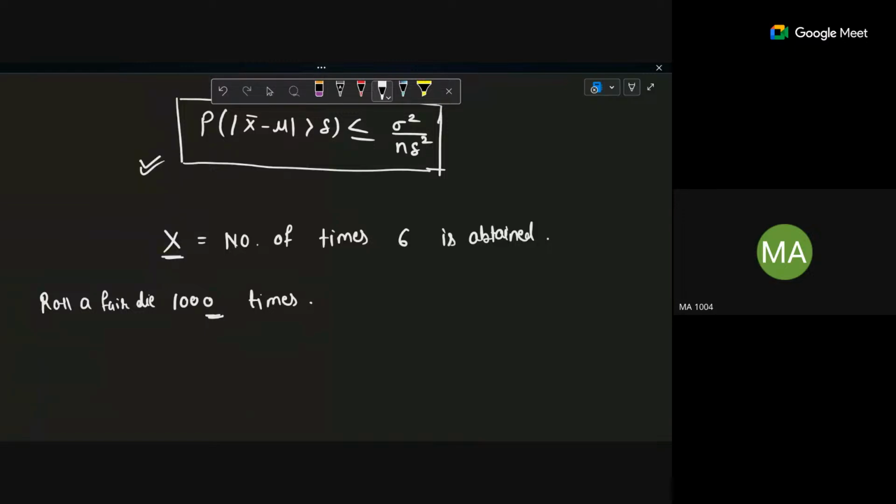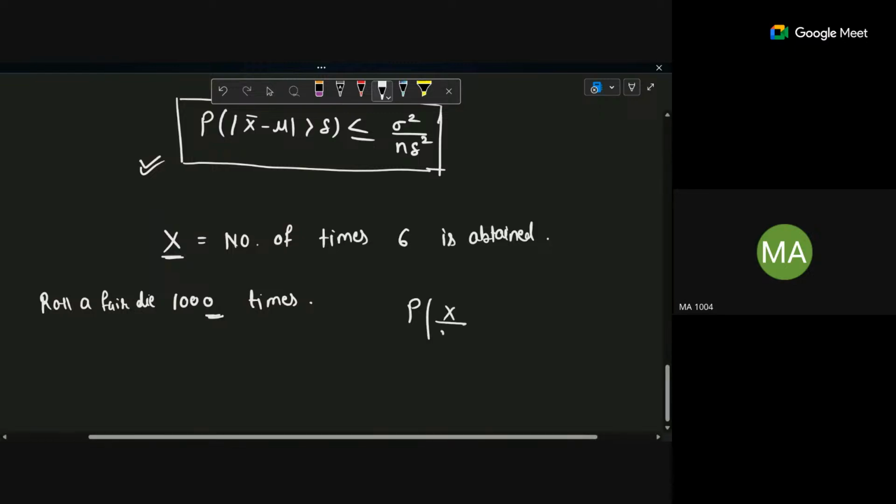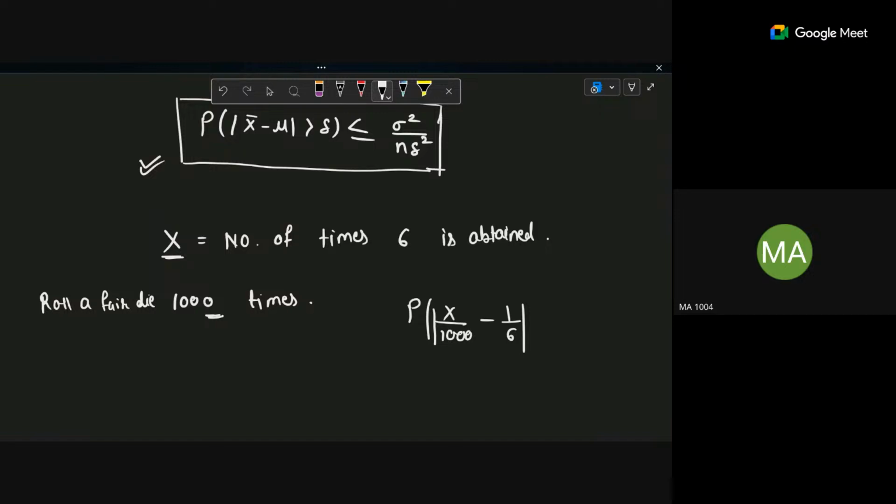They are asking to find the bound for the probability that x by 1000 differs from 1 by 6, I'm writing, by more than 0.2. So, greater than 0.2.